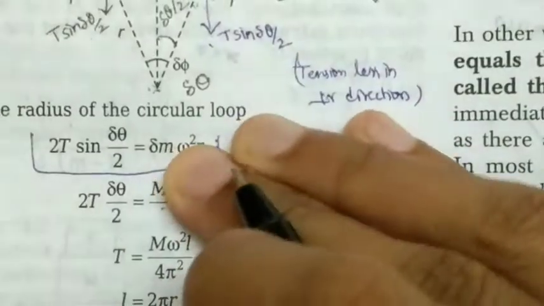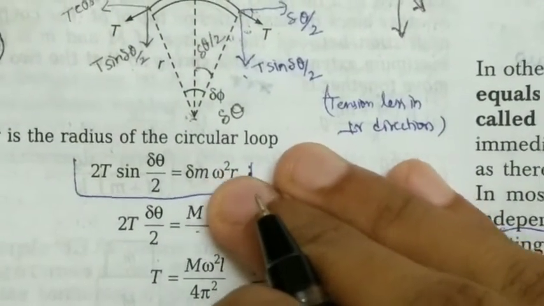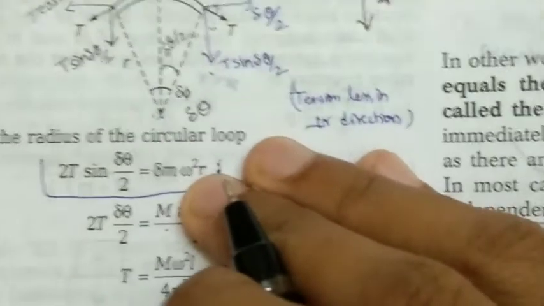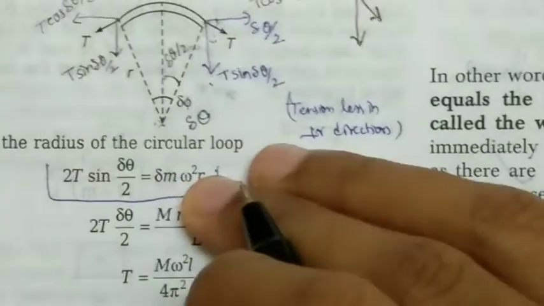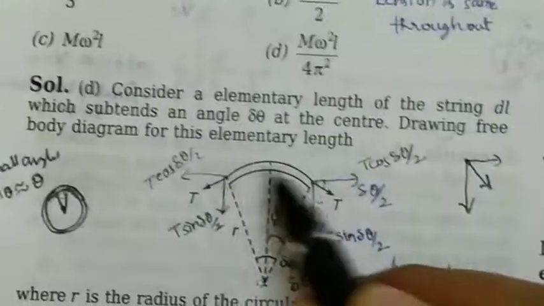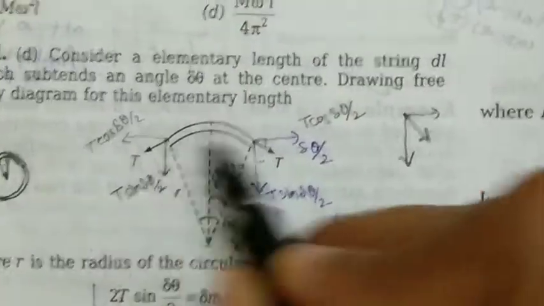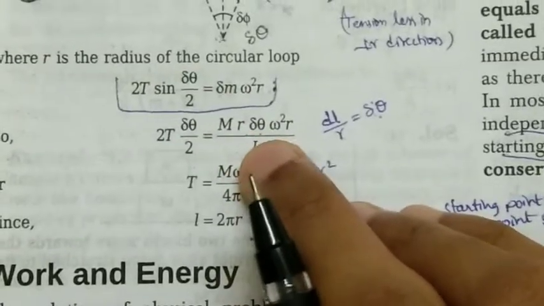So capital M is mass of this entire string, and M by l is mass per unit length of the string. And this string is having some length. So in order to get the mass of this much length, you need to multiply it with that length, that is M by l dl.